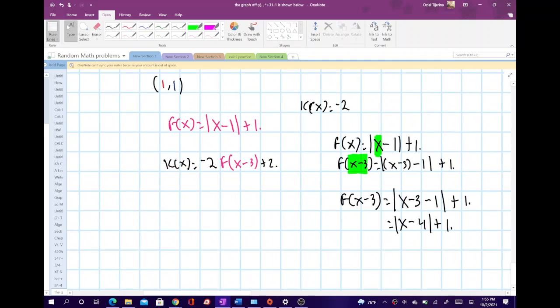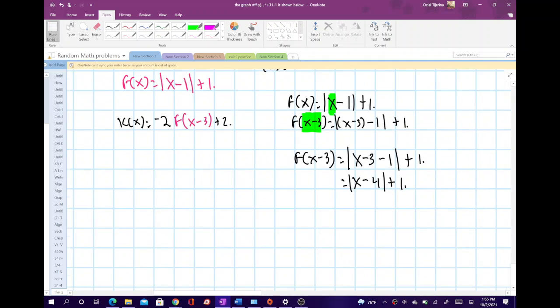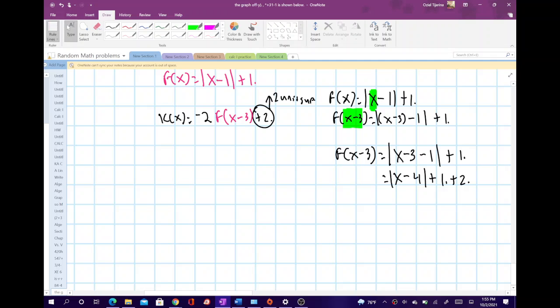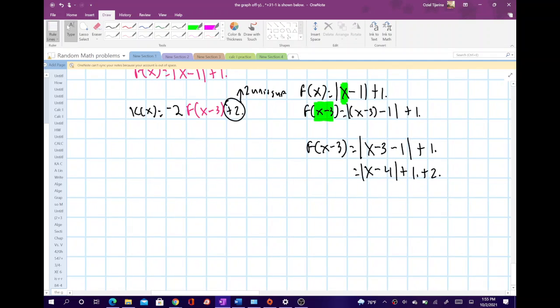Now it also tells us that it has a translation 2 units up. So basically, you're going to add that 2 here because it is outside the absolute value symbol, right?